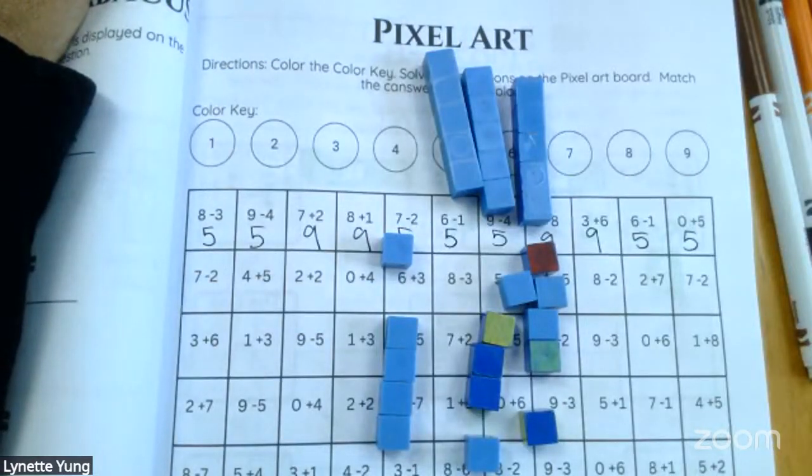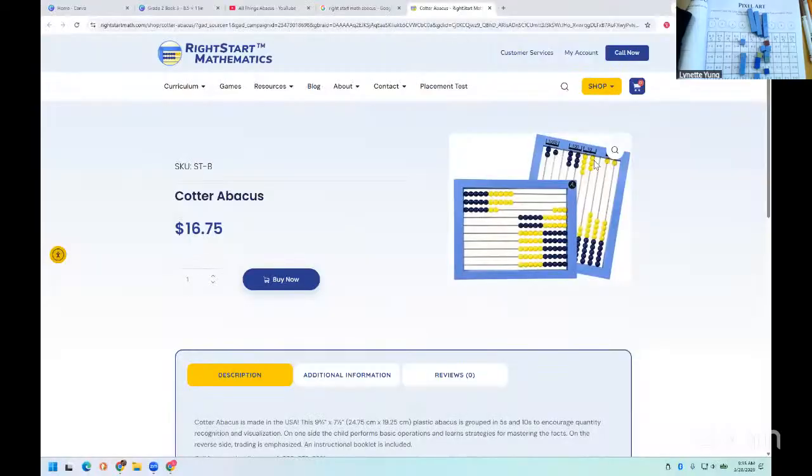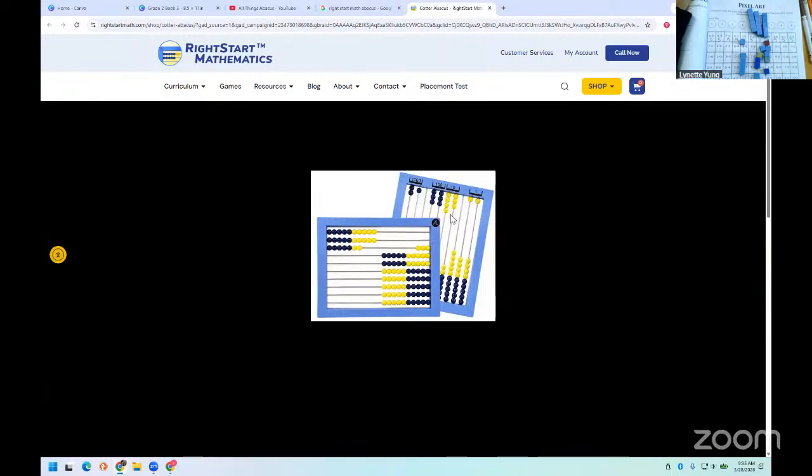Yeah, I see it, but what I don't understand is... hold on, let me share screen. There we go. See, here it says thousands, hundreds, and tens. I don't understand that. That's for your adding and subtracting. That's not intuitive for me.